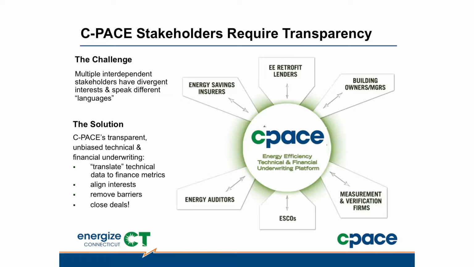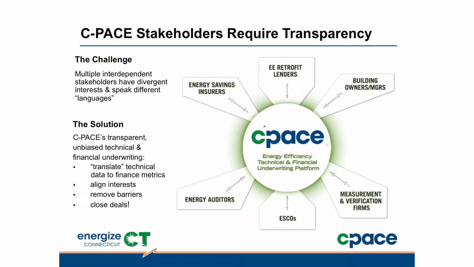So part of what we've learned and have been solving for over the past 3 years or so is how do you take that technical project data that you folks are all expert at, and how, in the context of bringing in third-party financiers to the equation, how do you translate that technical data so that you're speaking the same language with the finance community, and you put the owner and the capital providers and also the existing mortgage holder that has to say yes, right?